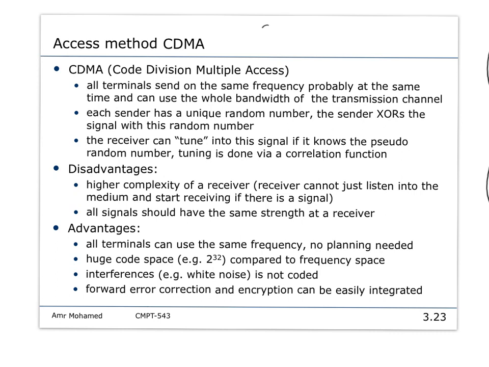An example of this for CDMA is when you have two people communicating using Chinese and two other people communicating using Arabic. Usually this creates some kind of interference. But if they are talking in two orthogonal languages, which are the codes that we talked about, this communication can go concurrently, and each one can listen and be able to distinguish Chinese from Arabic.